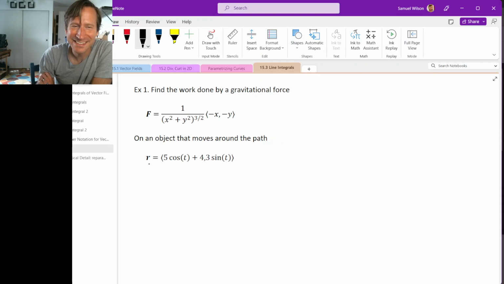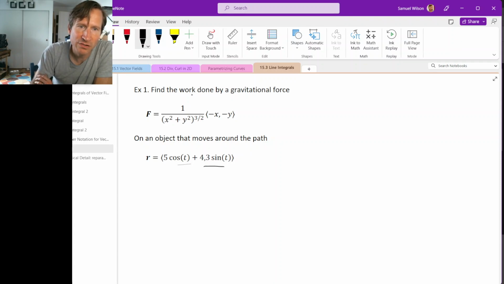But this particular parameterization is not how an object would actually move because it's not moving at the right speed. I won't get into why, but it's a fact. So this path is realistic, but this parameterization is not realistic. Okay, so let's see what happens.